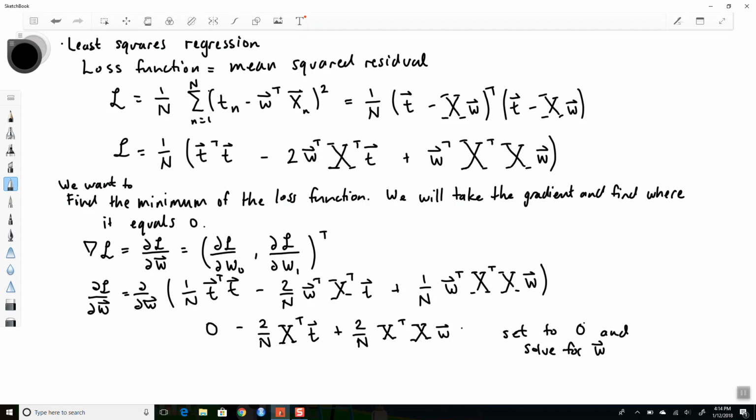So we'll set this whole thing equal to 0. All right, and when I do that, I'm going to just add this term to the other side, and so now I have basically 2 over n X transpose X w is equal to 2 over n X transpose t.